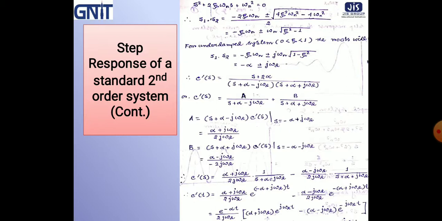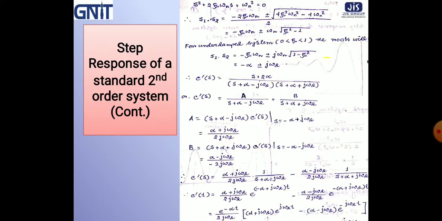Now from where does this j come, from this equation to this equation? Here it is zeta square minus 1, and here it is root under 1 minus zeta square.